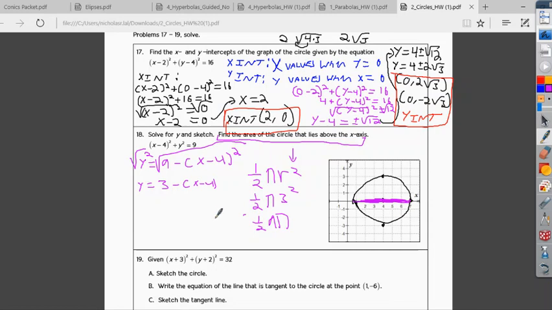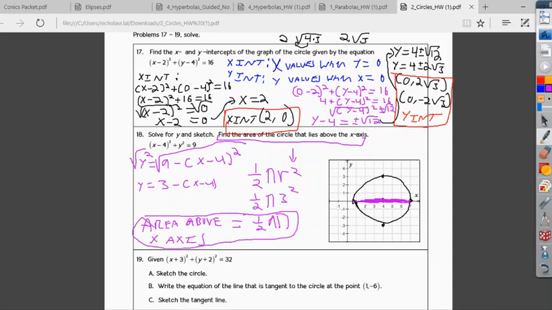That's going to be the area above the x-axis.